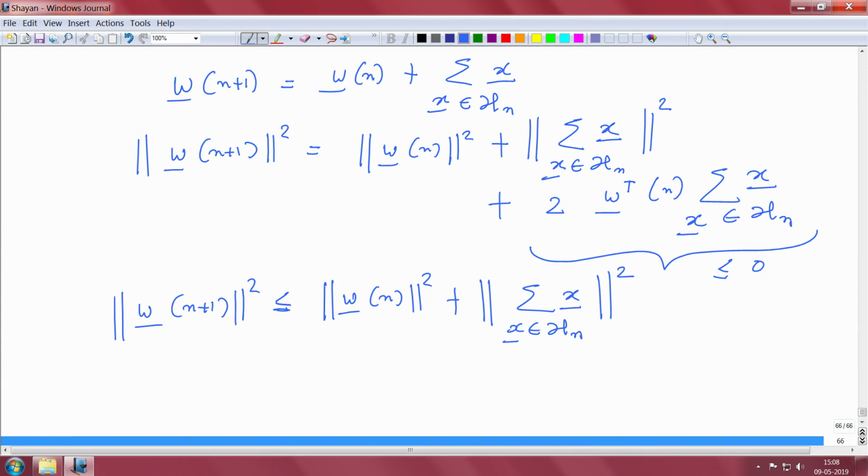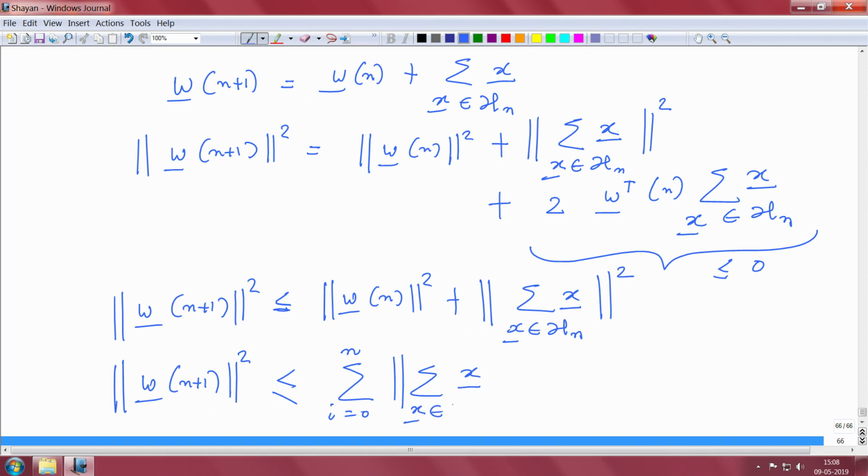Now, we do this recursively like what we did earlier. So, we will land up with norm W n plus 1 square is less than or equal to the summation from i equals 0 to n, the norm of x, x belonging to H i, this squared.